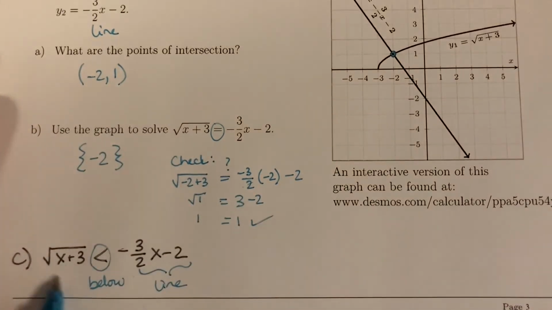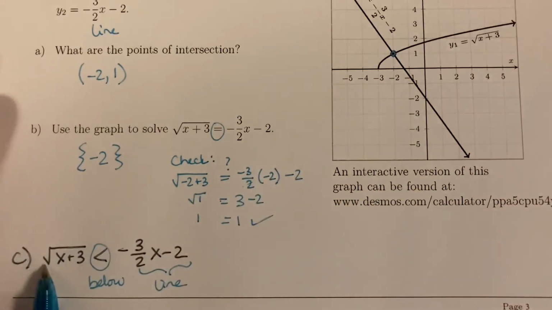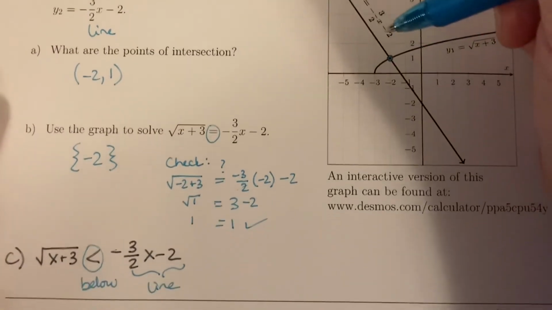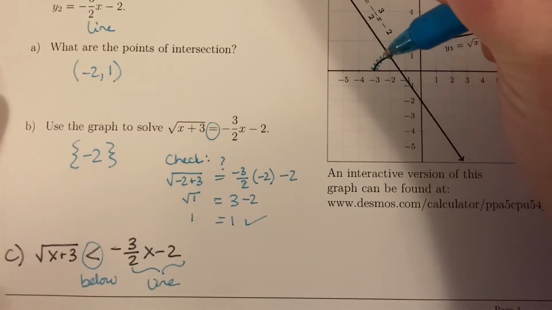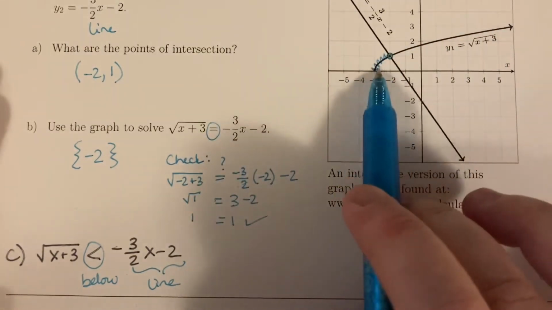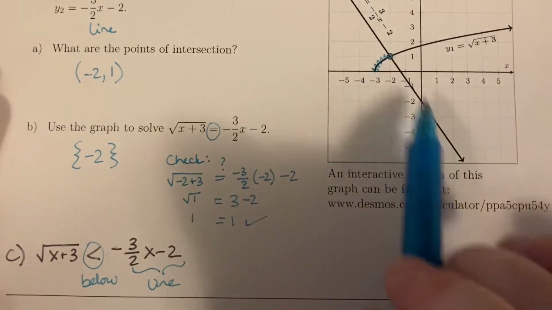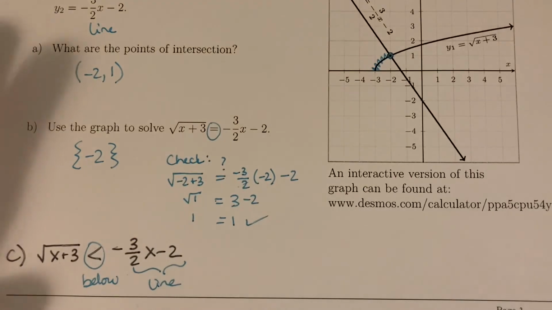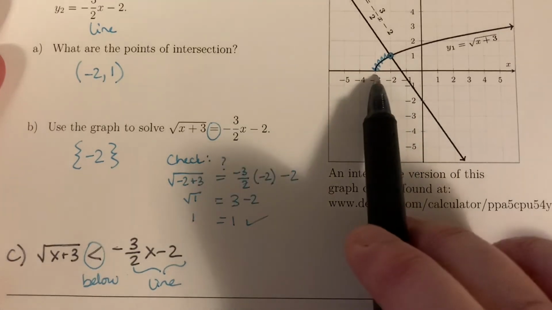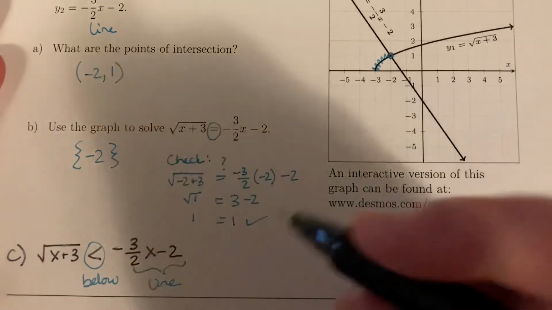So where is this half parabola on its side below the line? And what I'm seeing, if I look at the graph, is it's from here to here. And that's it, right? That's where the square root function is below the line. So now we just need to talk about where the x values are. That's the solution, the x values. And I'm seeing it goes from -3 to -2.